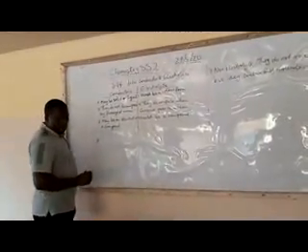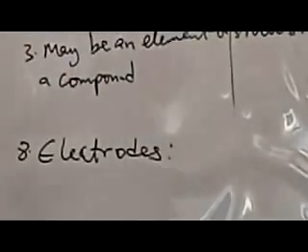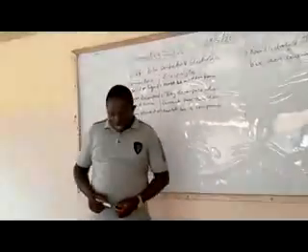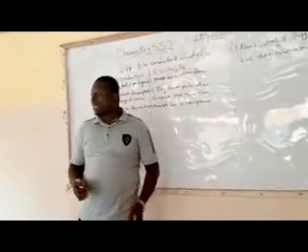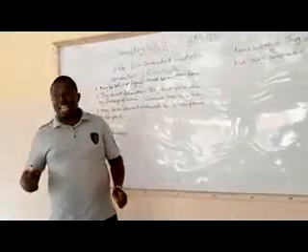Number 8 will be electrodes. We mentioned it during the definition of electrolysis. What are electrodes? They are metals which are inserted in an electrolytic cell.